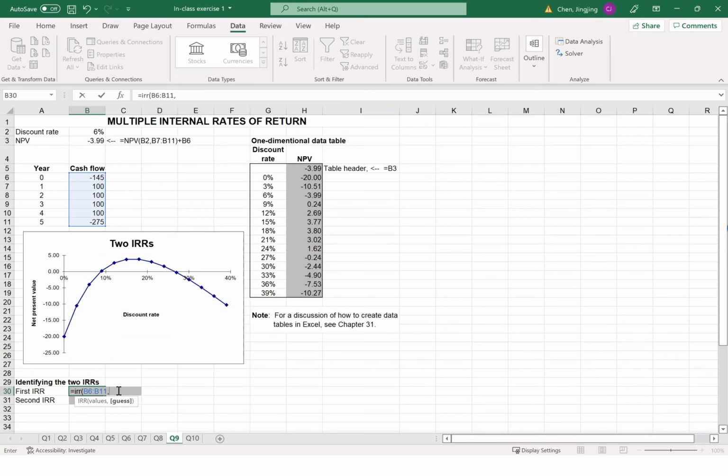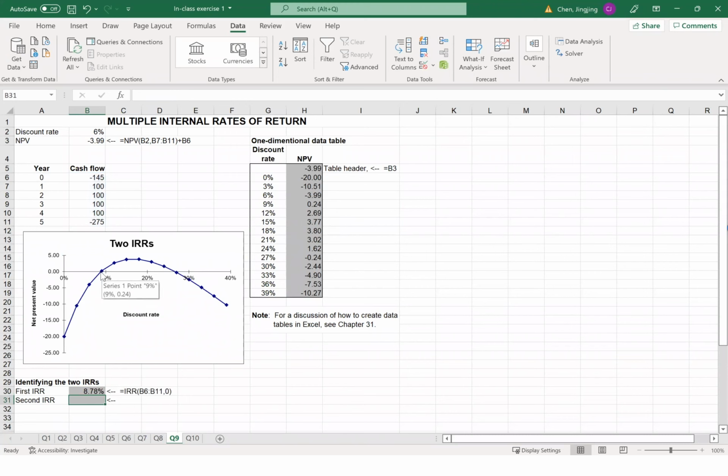The guess for the first IRR should be around here, as we already have a graph showing us some hint of where the range of the first IRR should be. So I'll give Excel this value of perhaps 0 to find the closest IRR, and that is 8%.